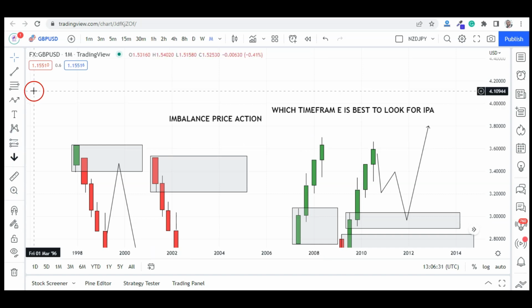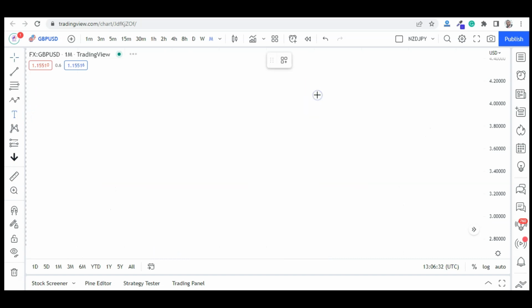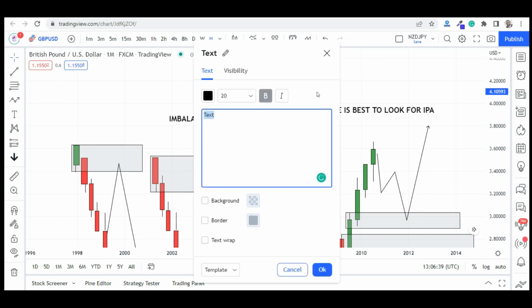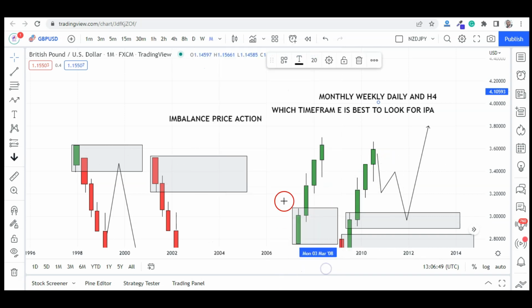And by higher time frame, I mean monthly, weekly, daily, and H4. This is what I use IPA for.